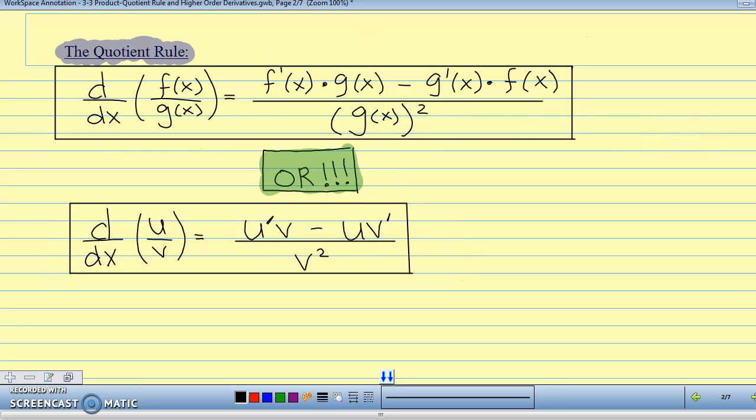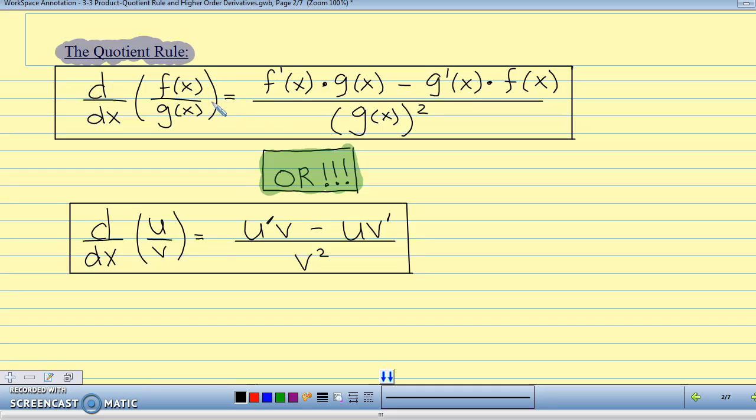But there is also a quotient rule. Taking the derivative of a quotient is not as simple as taking the derivative of the top function times the derivative of the bottom function. It's not that simple. What you have to do is follow this quotient rule.